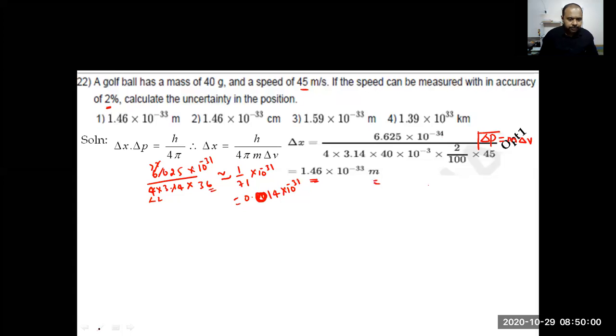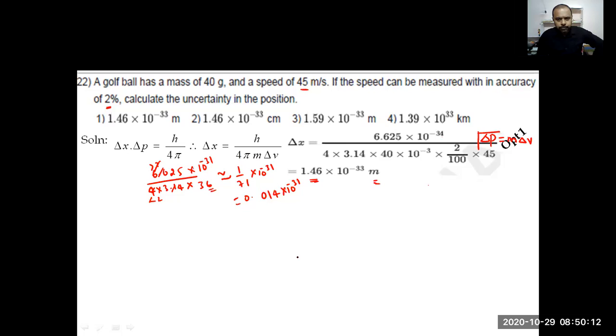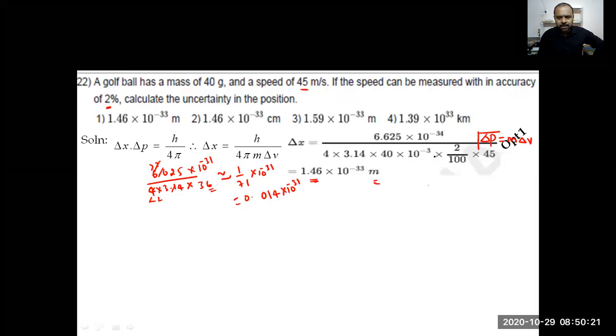Write down. This will be just 0.01. All powers must be simplified.